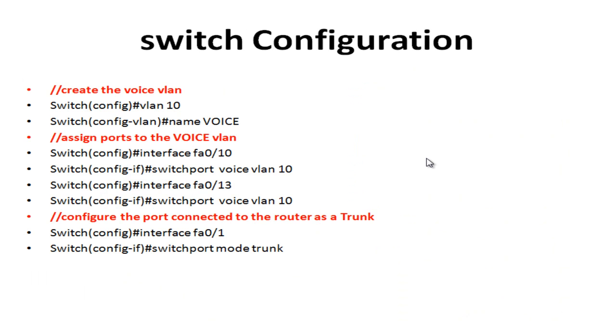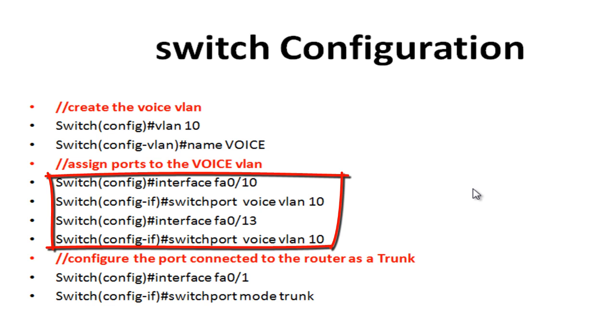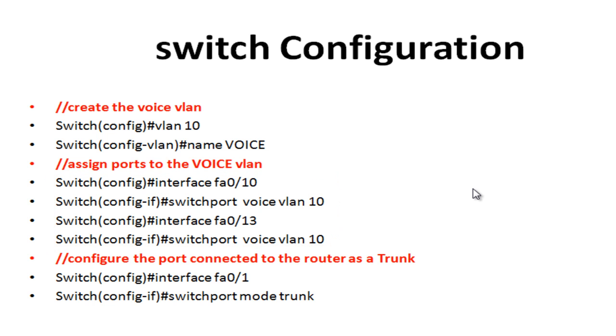On the switch side, I created a VLAN 10, which is named voice, and I assigned 2 ports to that VLAN. And finally, I configured the port that connects to the CME as a trunk port, as you see up here.